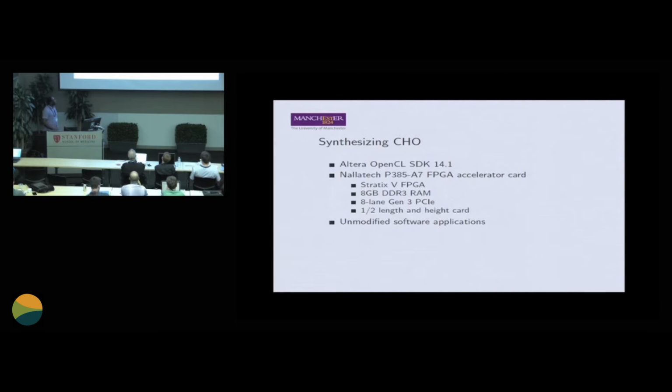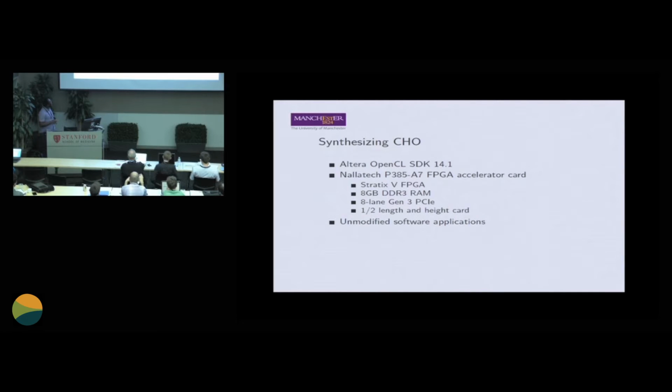So synthesizing the benchmarks, we use Altera SDK, OpenCL SDK, the latest one when we did it. It was 14.1. And we are targeting an Analogic board. So it looks like there's not much of a difference installing it than installing a GPU.